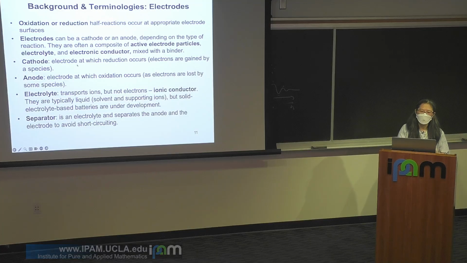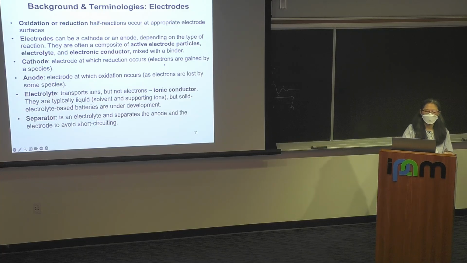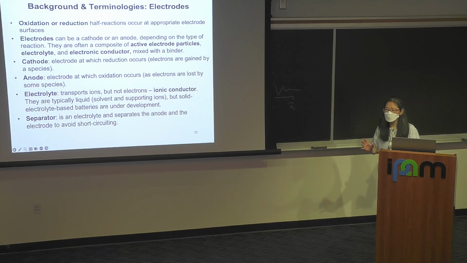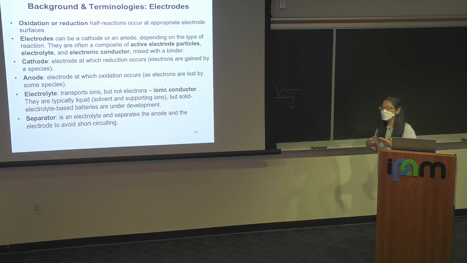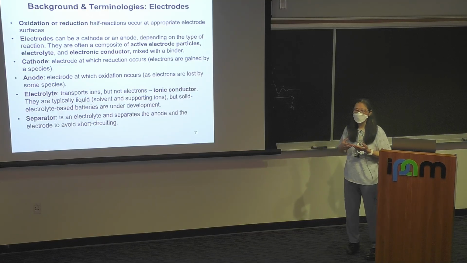And there are the cathode and the anode. The cathode is where reduction occurs, and electrons are gained by a species. The anode is where oxidation happens, and electrons are lost by a species. And the electrolyte is a type of material that conducts ions.